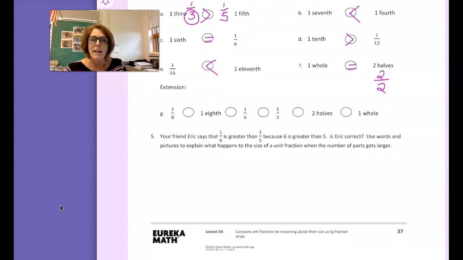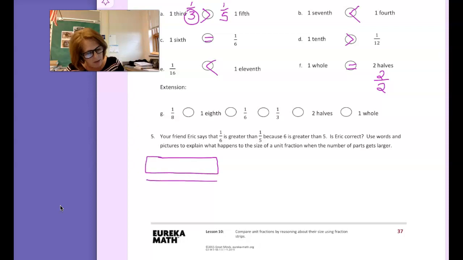Your friend Eric says that 1/6 is greater than 1/5 because 6 is greater than 5. Is Eric correct? Use words and pictures to explain what happens to the size of a unit fraction when the number of parts gets larger. So, I remember Logan Ray on one of our first fraction meetings when we started to talk about comparing. He hit the nail on the head. 1/5 is larger.